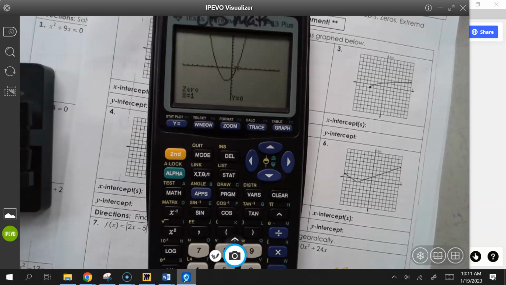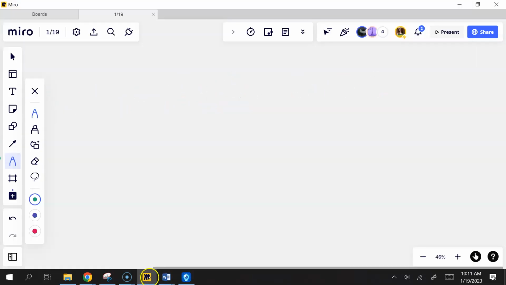Okay. Number 5 is x squared minus 9. Now, before we actually graph this, just to show you how this comes full circle, how would you factor that? What do you notice about that? They're both perfect squares, so it's a difference of squares. So how does it factor?